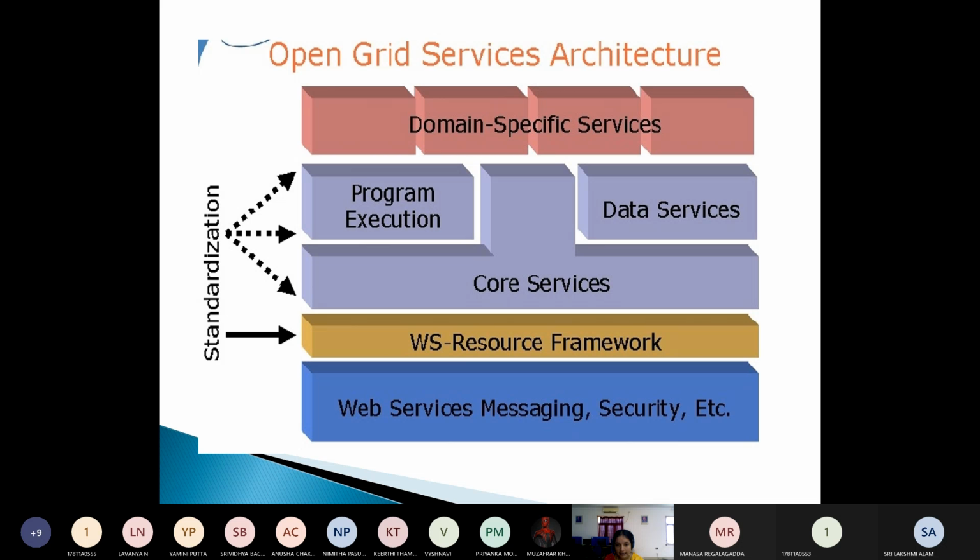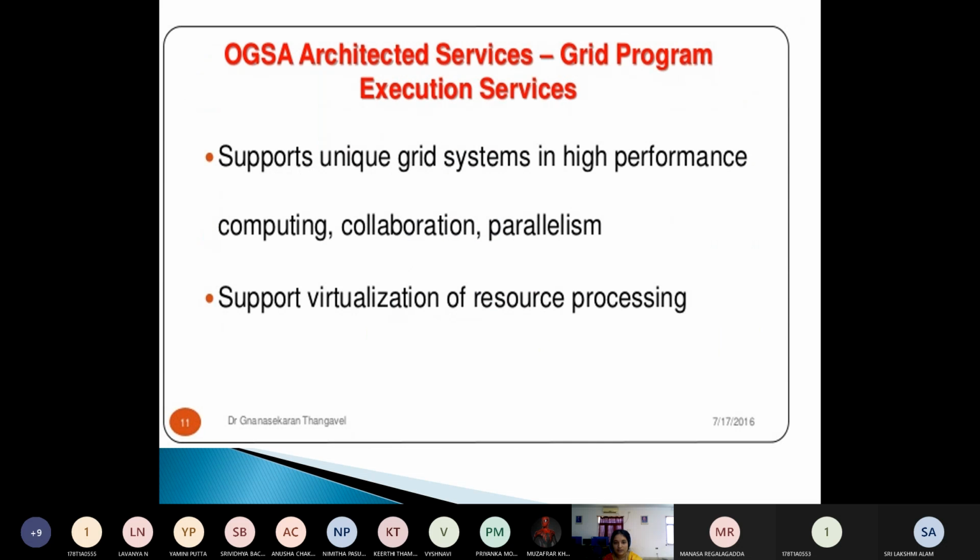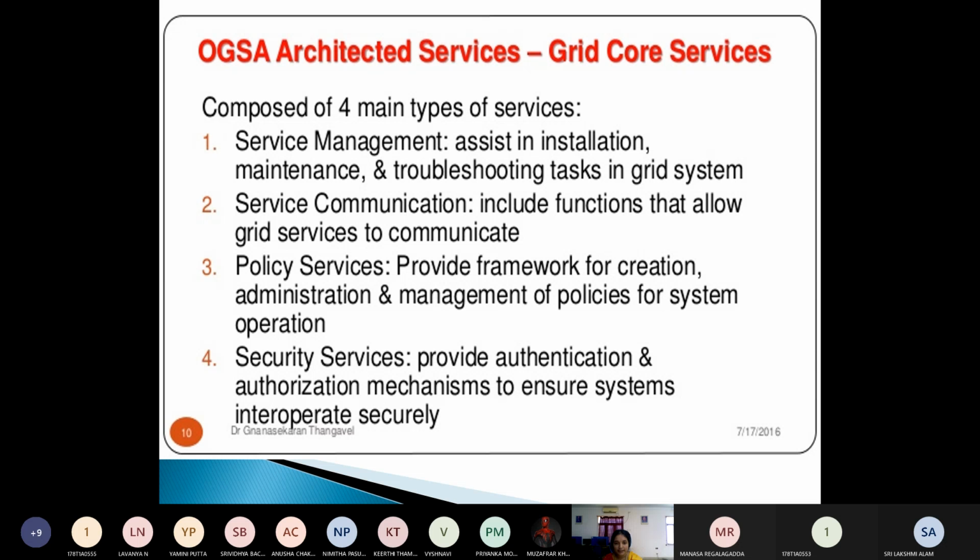At the middle of the diagram we have the core service, which has four services: service management, service communication, policy service, and security service.